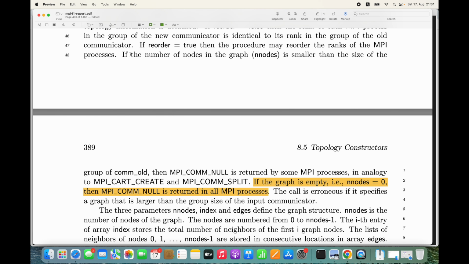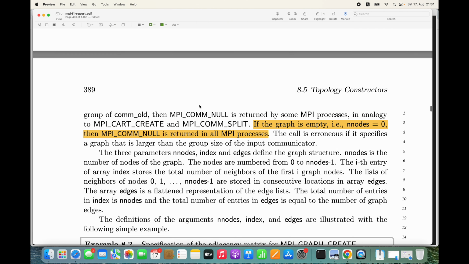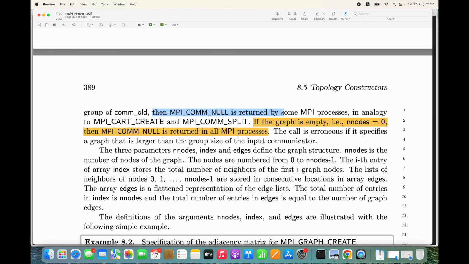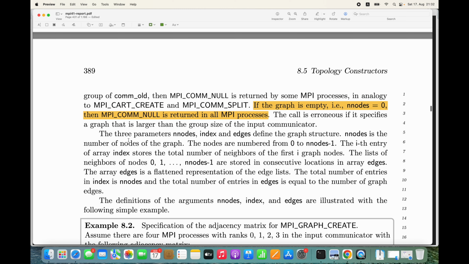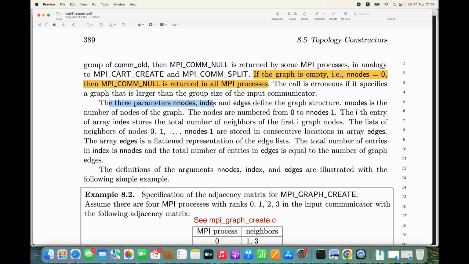If the number of nodes in the graph, nnodes, is smaller than the size, then MPI_COMM_NULL is going to be returned, similar to Cartesian, in analogy to MPI cart create and also MPI comm split. If the graph is empty, so the number of nodes is 0, then MPI_COMM_NULL is returned to all MPI processes. The call is erroneous if it specifies a graph that is larger than the group size of the input communicator. Then the 3 parameters nnodes, index and edges define the graph structure.